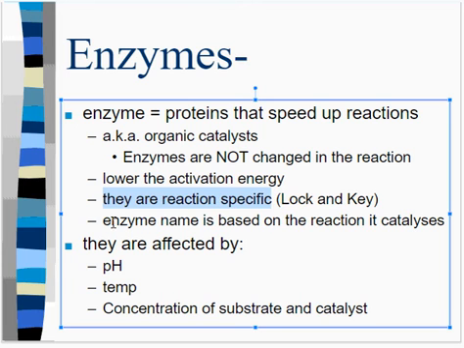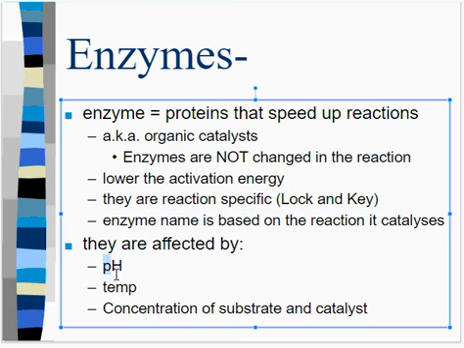Enzyme names are typically based on the reaction that it catalyzes. So enzyme names will often end in ASE, that's dash ASE, so lipase or protease, and the name indicates what it's reacting with.